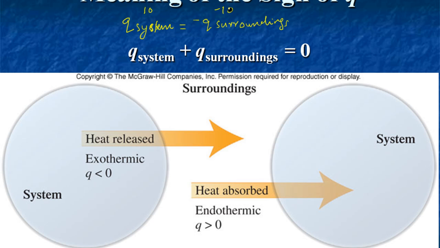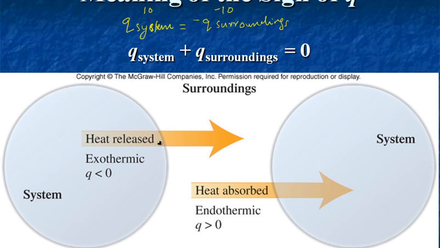Q of the surroundings and Q of the system have the same numerical value, but their sign is opposite. Now, a little more in detail, let's say the system means whatever reaction you are looking into, and surroundings could be the outside. So, if the system is releasing heat, what do we call those types of reactions?